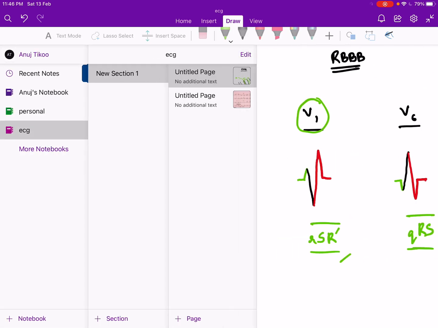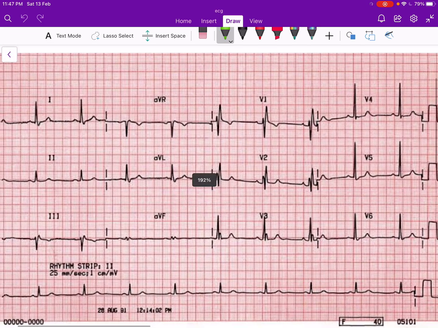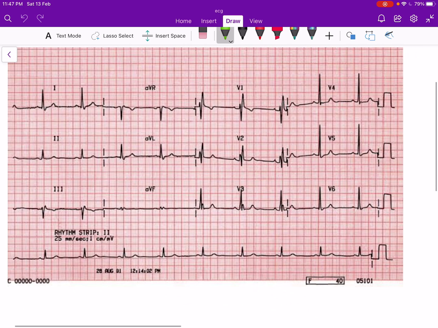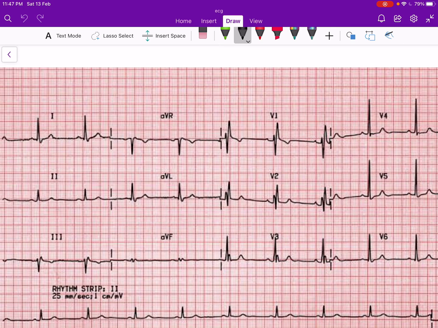Let us take an example of one ECG here. This is the ECG of a person.